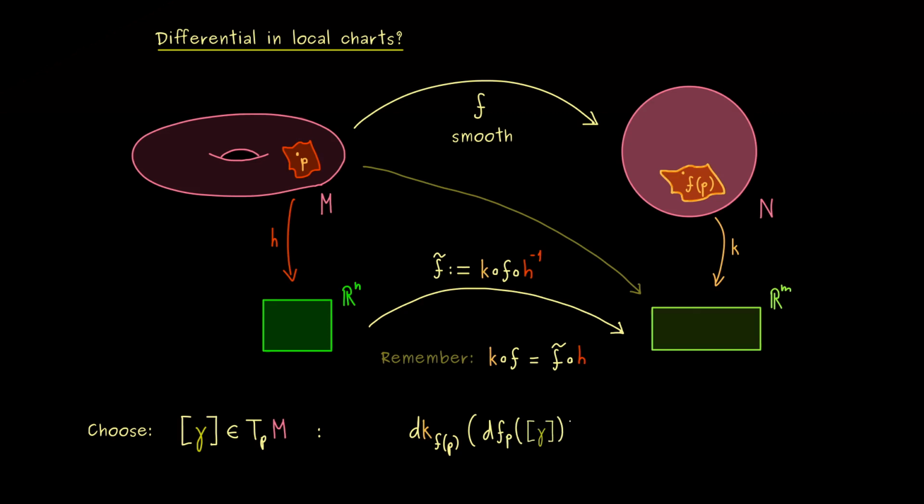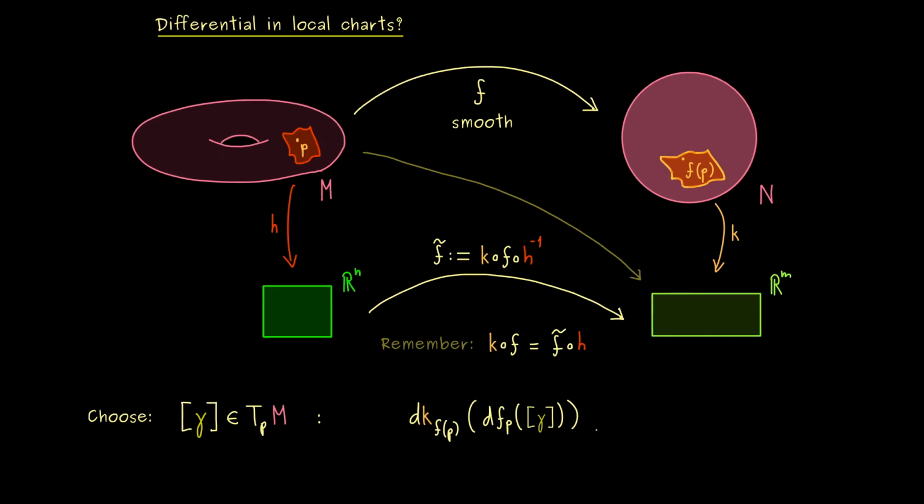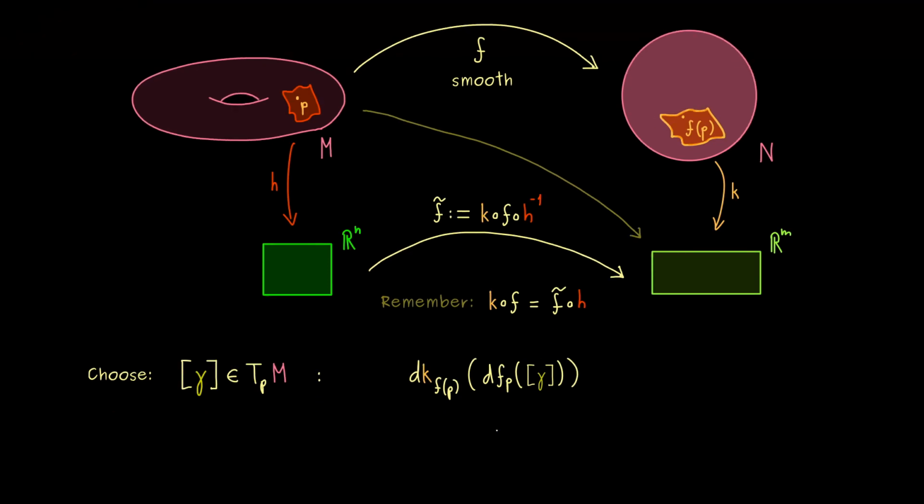And now I would say this is the perfect time to recall the definition of the differential. Namely, it's simply an abstract tangent vector given by F after gamma. This means here in the equivalence class we now find a curve on the right hand side. Hence, this we can now put into the differential of K. And of course, this does not do much because it also is just a composition again.